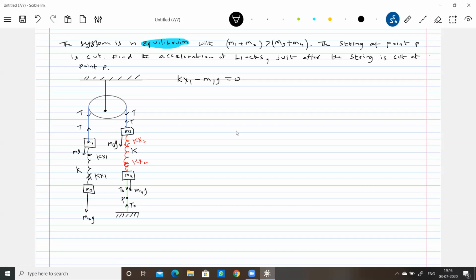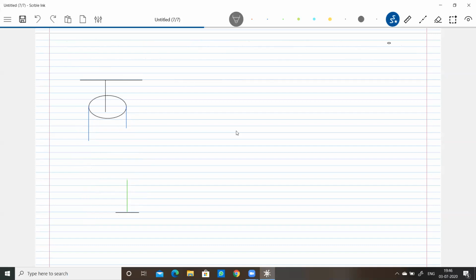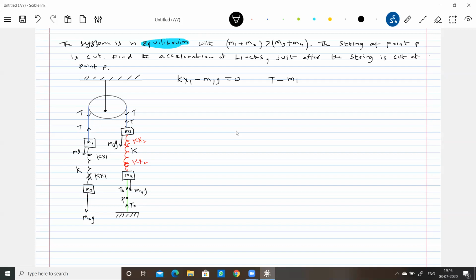And then this tension acting: the tension T minus M1g minus kx1 equal to 0.